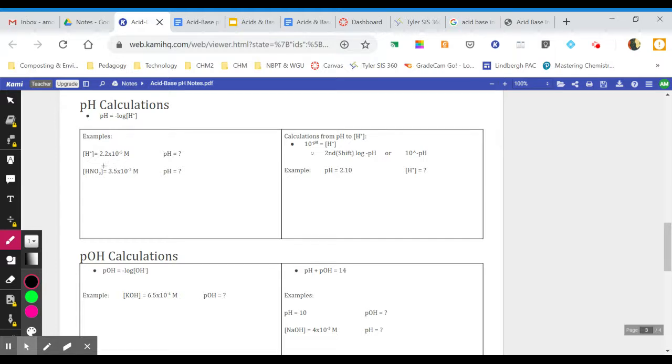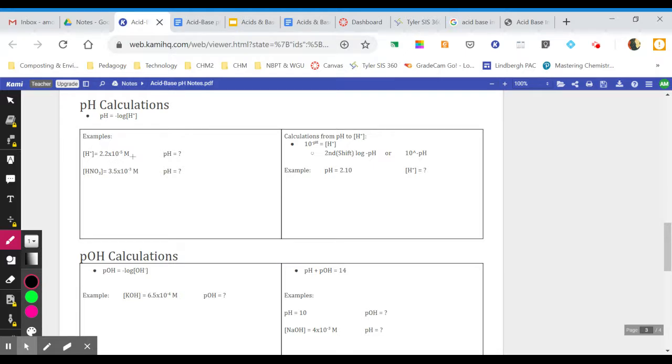So to figure out the pH of these solutions, we take a look at their molarity, and then we type in our calculator negative log of whatever that number is. In this case, we're going to type in negative log of 2.2 times 10 to the negative 5. And remember to use that EE button in your calculators to do times 10.